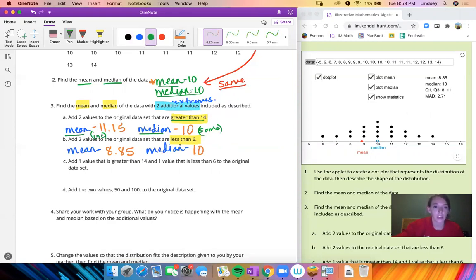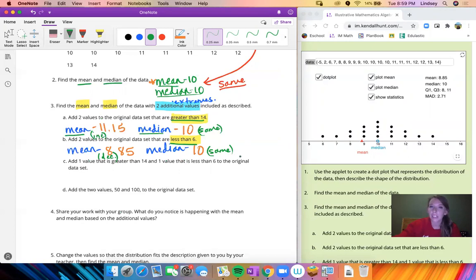Okay, so this time I put in two values that were less than 6, so I put in lower extremes. Even though it's a smaller number, it's still considered an extreme. What happened to my mean? It decreased from the original, which was 10. All right, and then we have our median, and it once again stayed the same.